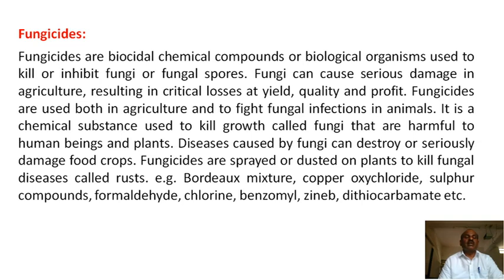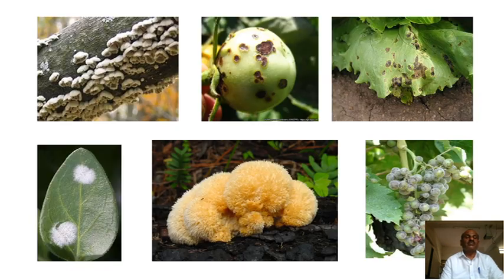Different types of inorganic and organic pesticides are used for this. They contain copper, sulfur, some aldehydes, formaldehyde, and chlorine. These are used to control fungal growth.